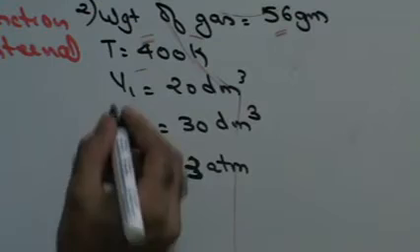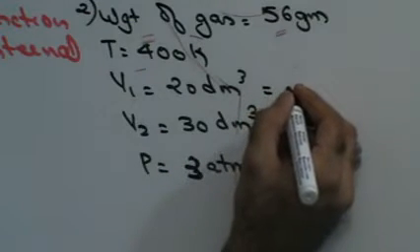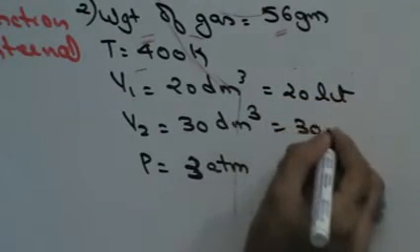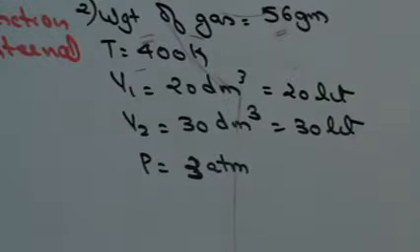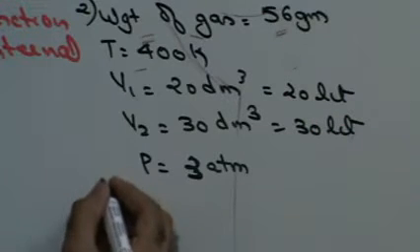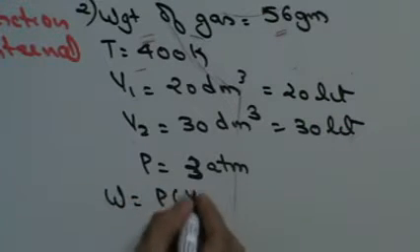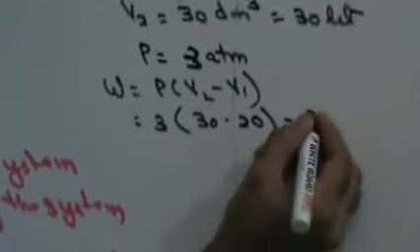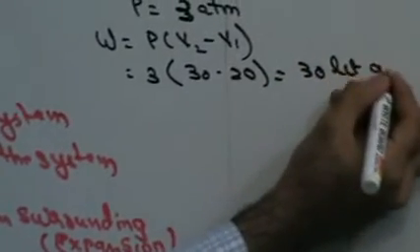First of all, 20 decimeter cube can be written as 20 liters and 30 decimeter cube can be written as 30 liters. Then work is P into V2 minus V1. Pressure is given as 3 atmosphere, V2 minus V1 is 30 minus 20, 10, so 30 liter atmosphere.